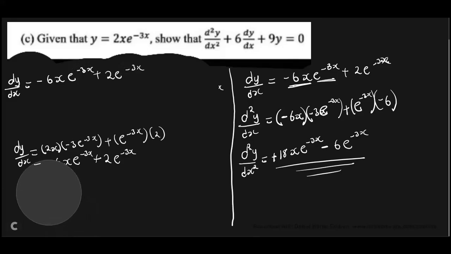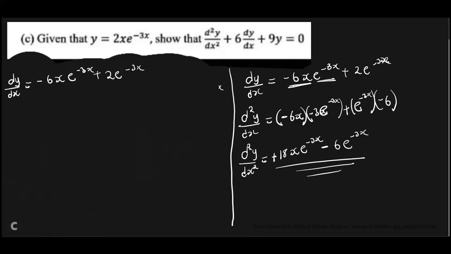Then the second derivative, which is d2y over dx2, equal to positive 18x e to the power negative 3x, then minus 6.